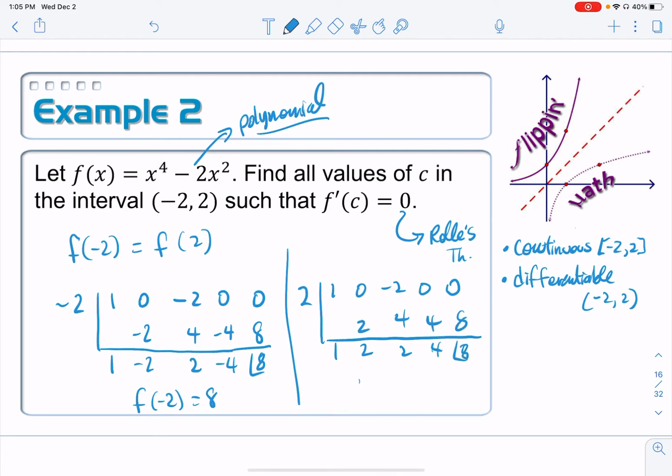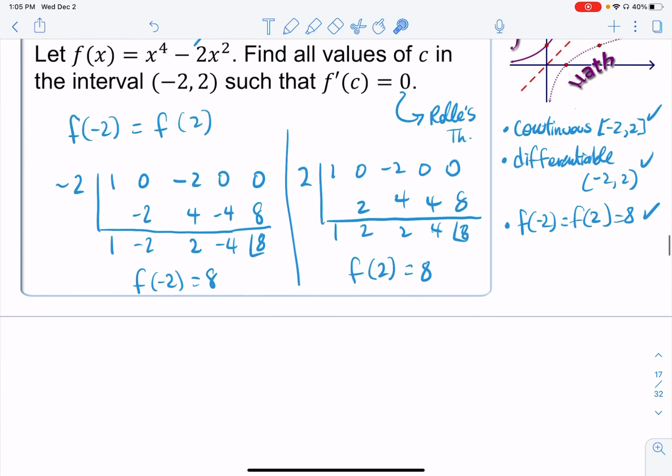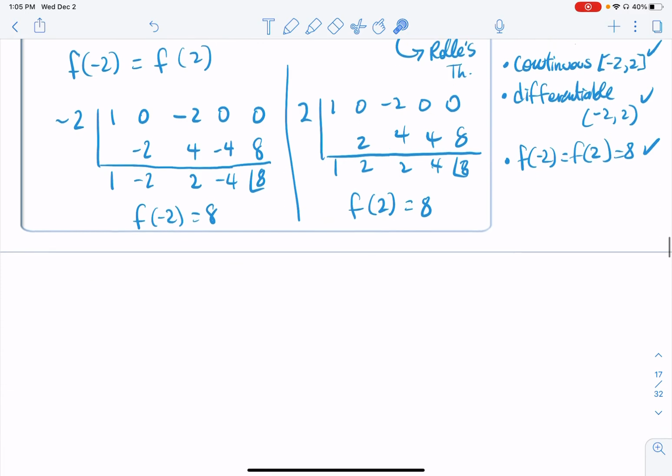Oh yeah, there we go, so f of +2 is equal to 8, and our third condition has been satisfied. So f of -2 is equal to f of +2, which is equal to 8. Check, check, check. So we know Rolle's theorem is guaranteeing someplace in between -2 and +2, the slope has to be equal to 0, so the derivative is equal to 0. We just need to find everywhere that happens.